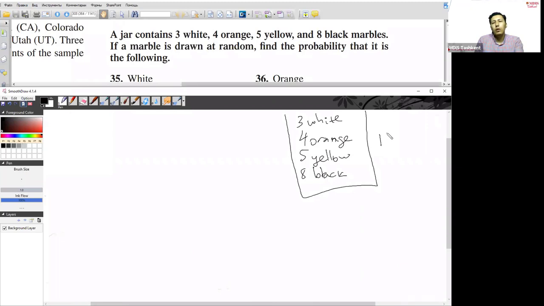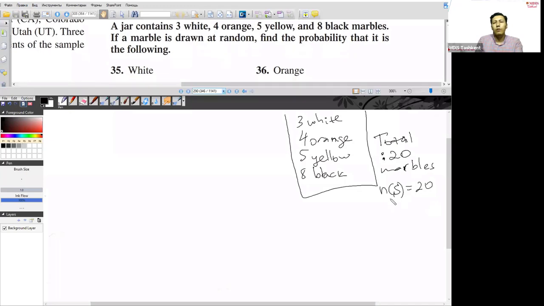So total, how many marbles? Total we have 20 marbles. So that means nS is 20. There are 20 possibilities of choosing the marble. If you choose a marble, you have 20 possibilities.